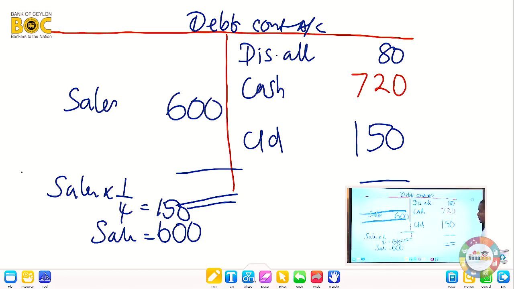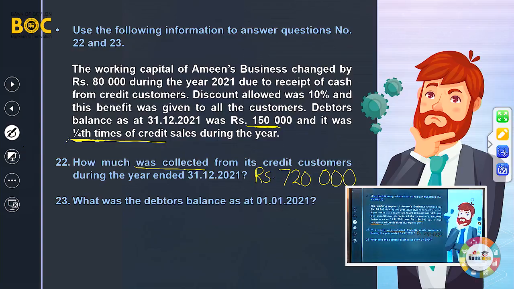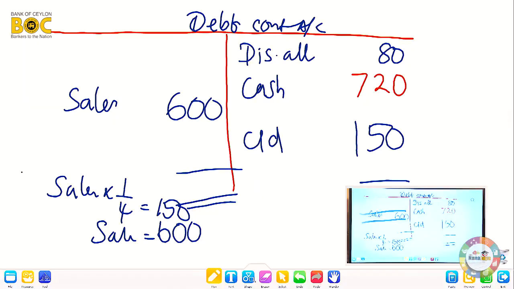Now we'll go back to the question. What is the debtors balance on 1st January? You can calculate the opening balance. How do you calculate?